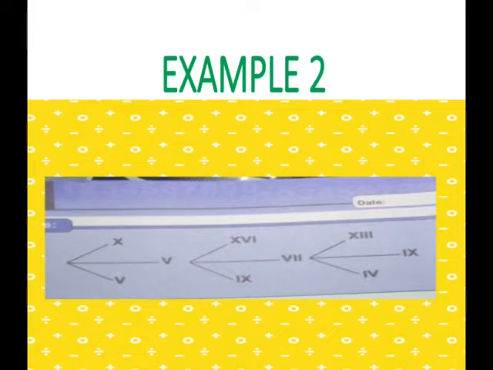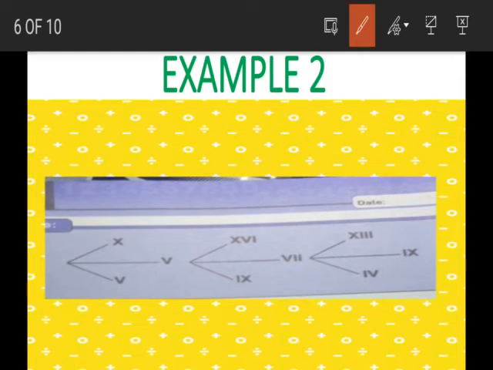Okay, alright, let's go over to our second example. This is Roman numeral. Alright, let's work with the middle one. Before you can proceed, you have to know the value of what this Roman numeral stands for. What is XVI? What is VII?